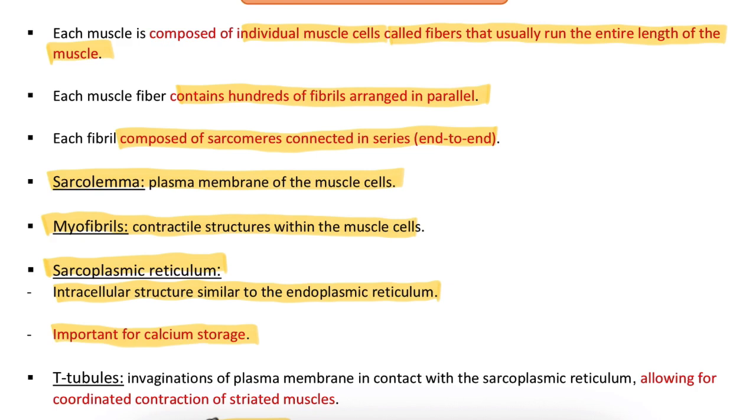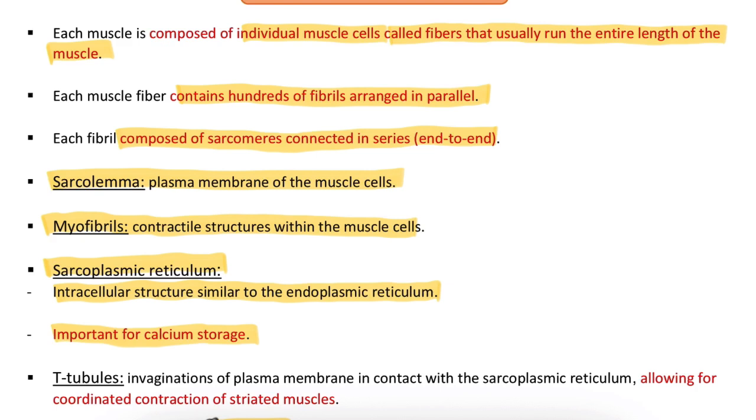The thick filament is myosin, the thin filament is actin, arranged end to end within the myofibrils. Actin is a thin filament involved in contraction. Myosin is a thick filament with heads that bind to actin to generate force.